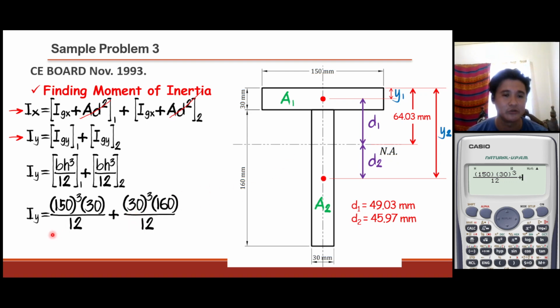So therefore, makukuha natin yung moment of inertia with respect to y.